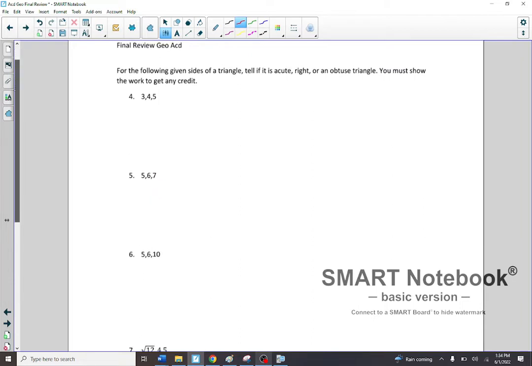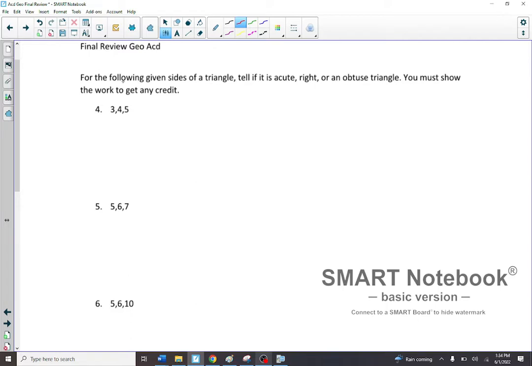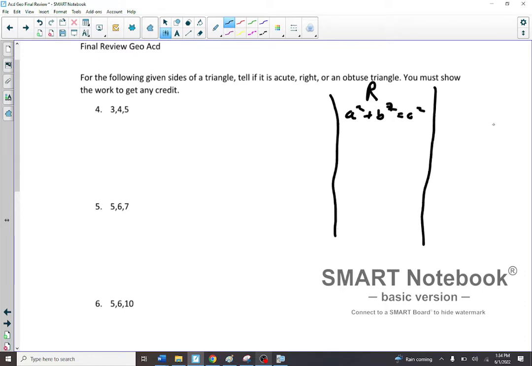All right, next one. Tell if the following is a right, acute, or obtuse triangle. So how do we do this? In this case, we learned that a right triangle is a squared plus b squared equals c squared. Now, we had 2 other types of triangles. We have obtuse triangles, where c squared is bigger than this. So c is bigger than this.